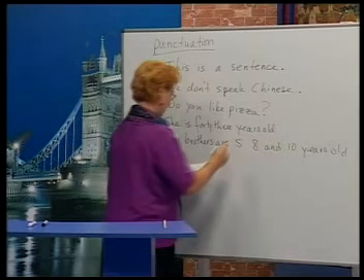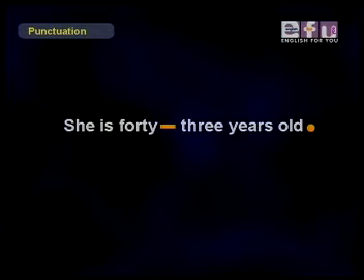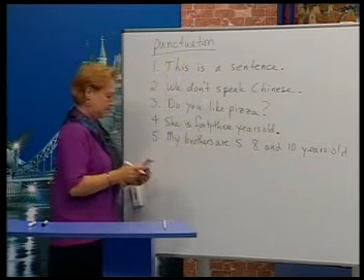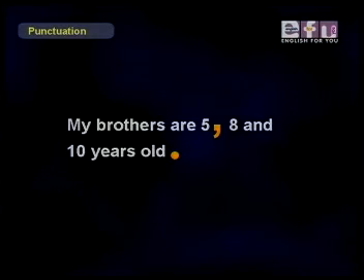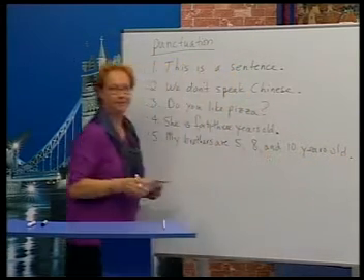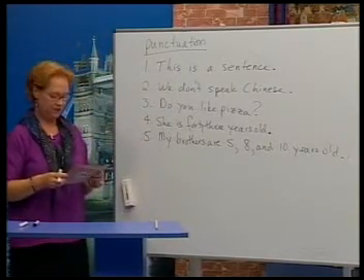Good. Okay, Lisa. She is 43 years old. Period. Yes, good. And last one, Isabel. My brothers are 5, 8, and 10 years old. Period. Okay. All right. There should also be a comma here. Okay? All right. Good job, all of you.